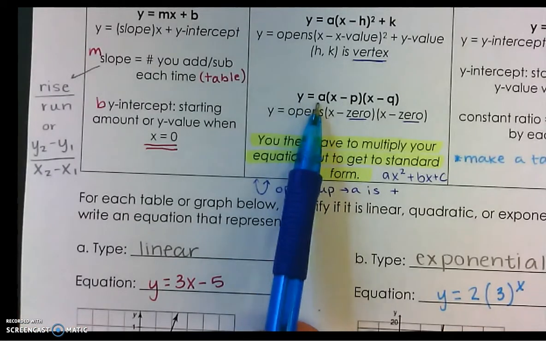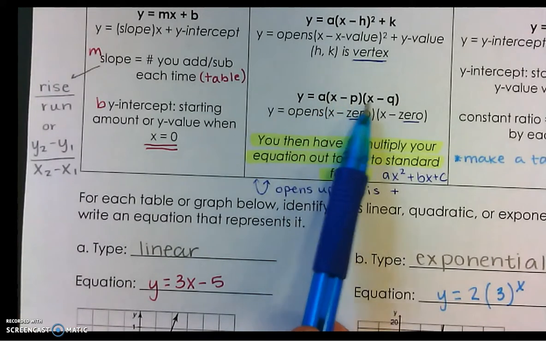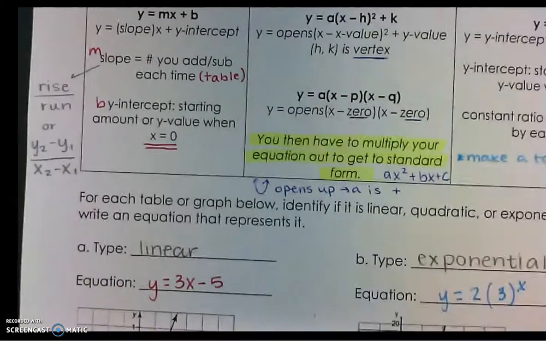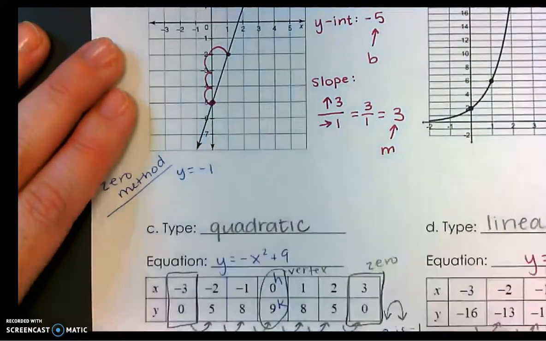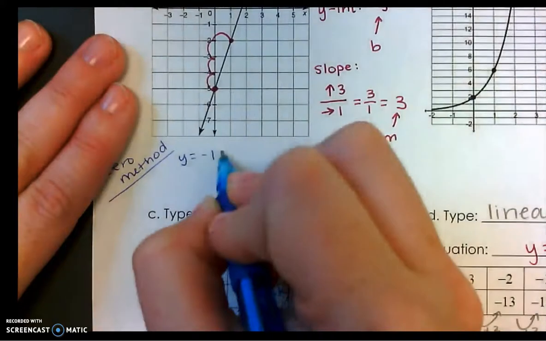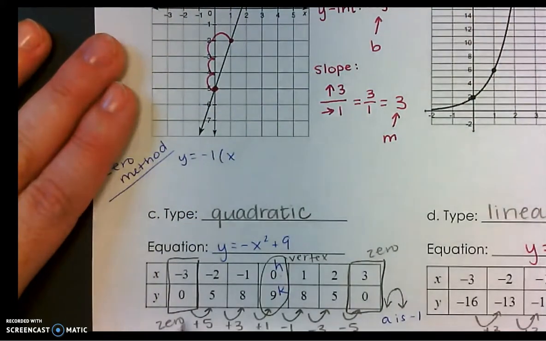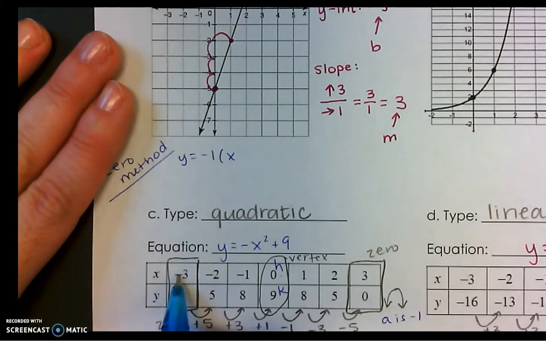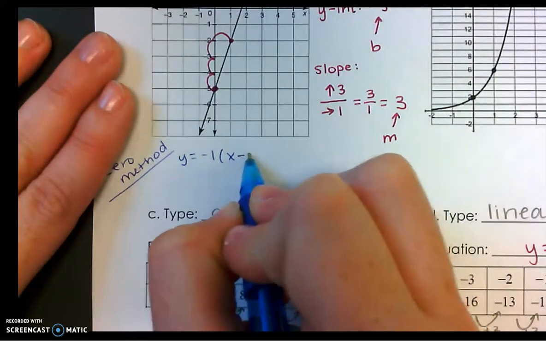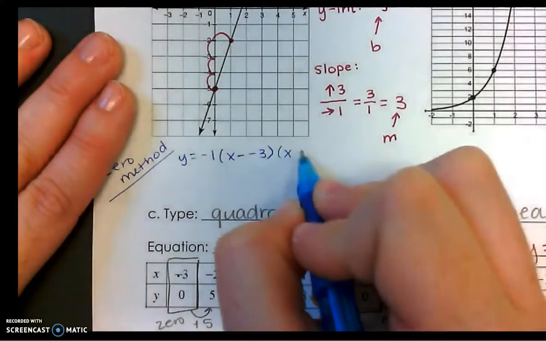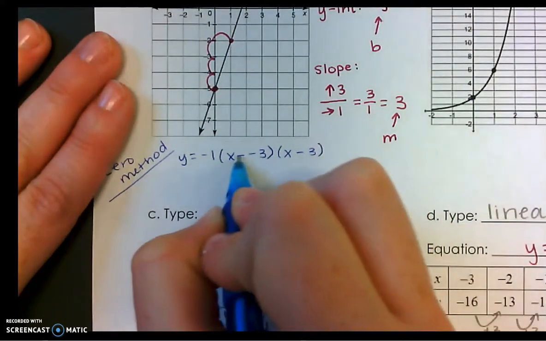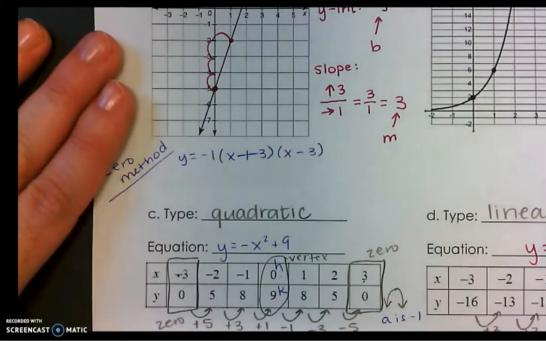So if I look back up at the top, it's going to be y is equal to a times x minus p times x minus q. So y is equal to a, which we already said is negative 1, times x minus my first 0. Well, this would be negative 3, so minus negative 3, times x minus the second 0, which is positive 3. Remember, minus and negative is adding.